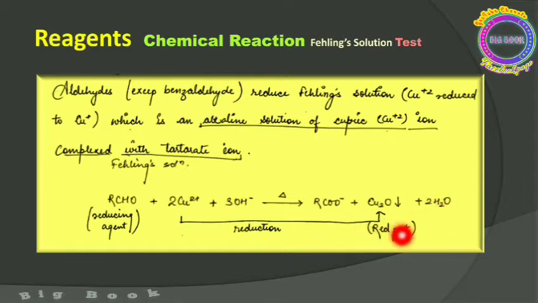So here there will be the red precipitate. In Tollen's we found the silver precipitate. Here it is going to be the red precipitate. Here you can see that the aldehyde functional group is reducing the agent, that is the FEHLING solution chemical, the copper sulfate. It is reducing it to give rise to the red precipitate.